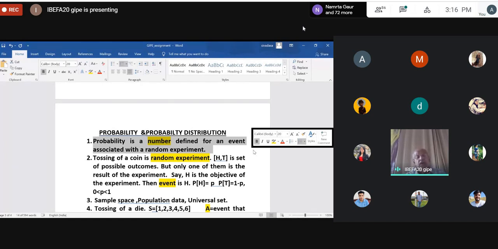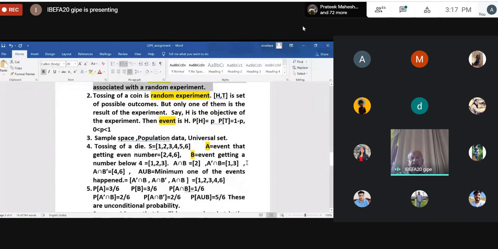But when you toss a coin, you will be having either H or T, not both. When you toss a die, collection of outcome will be 1, 2, 3, 4, 5, 6. Result will be out of it.